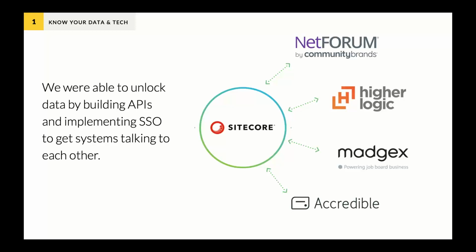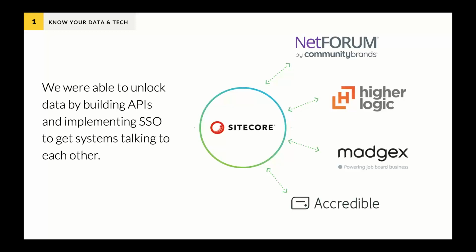So for example, back on the demo that Claire was giving earlier, when she checked the box that said she had completed her bachelor's degree on the Sitecore side, that data was stored in NetForum and therefore able to be passed along to these other platforms as needed when the user reaches those platforms through browsing.